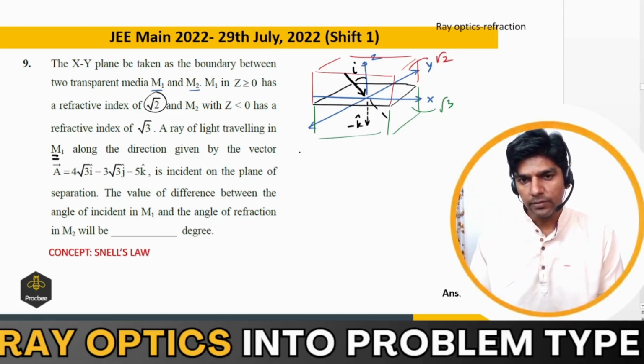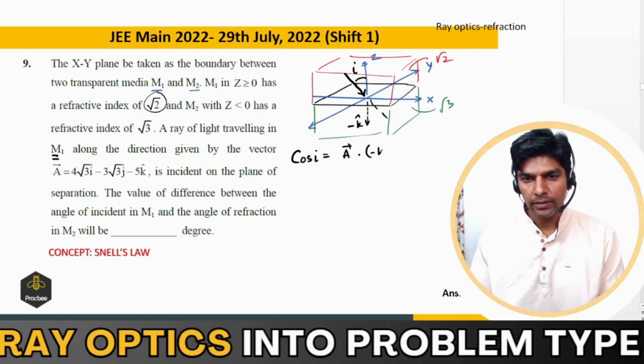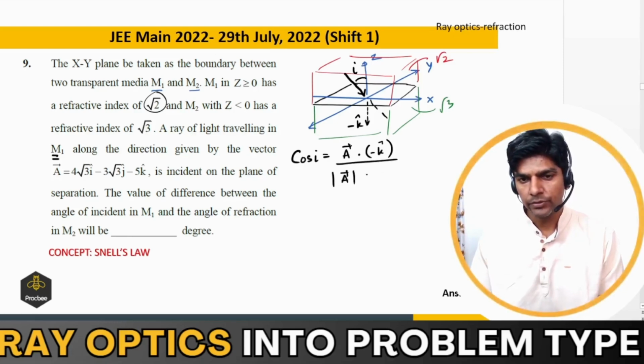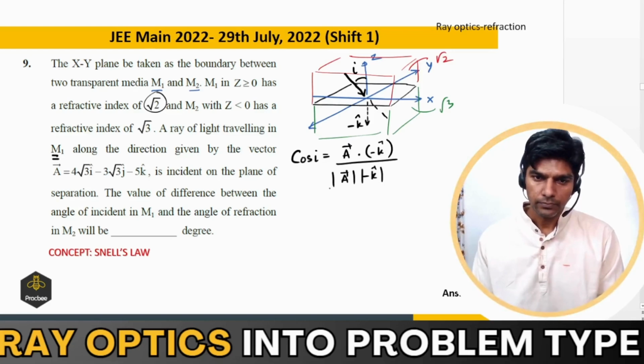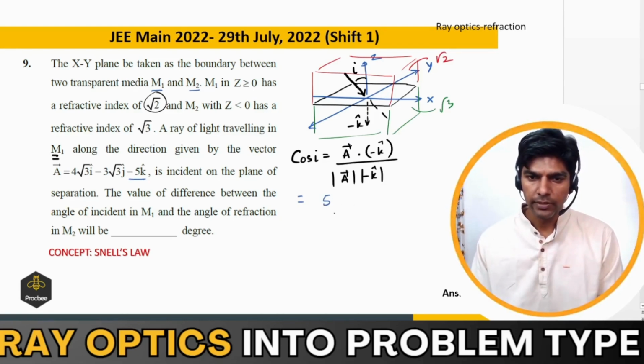So let us apply this relation. So cos i will be a dot minus k cap divided by the product of the magnitudes, right? So let us simplify this. So a dot minus k will be nothing but 5. Can you see? Here we have minus 5 and this is minus 1, so that will be 5.